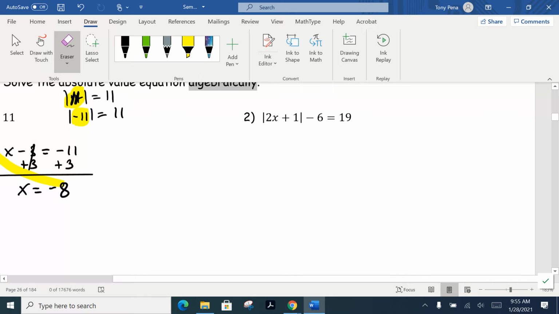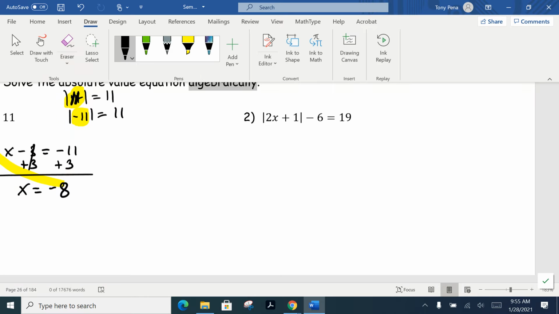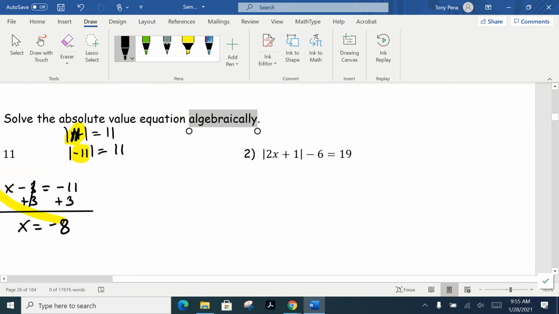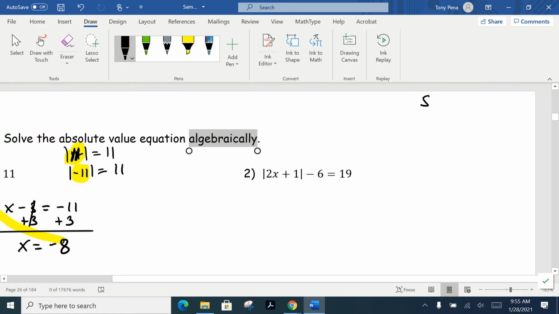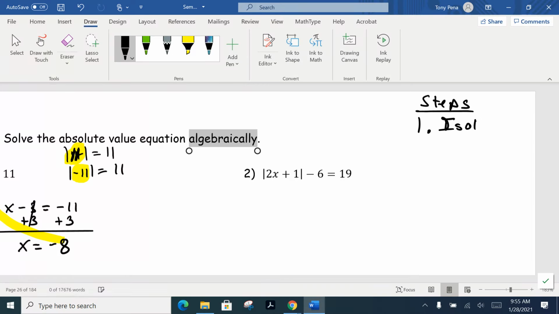Now, what you want to be careful of is something like this. Our goal with solving all of these equations, so let me actually write this. This I would tell you to write in terms of our steps. What step number 1 always is, you want to isolate the absolute value bars.